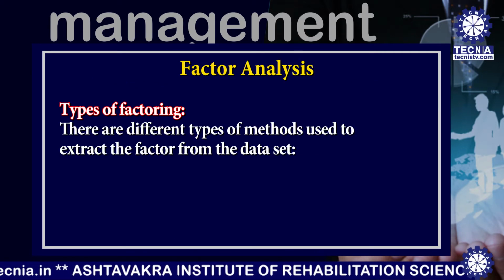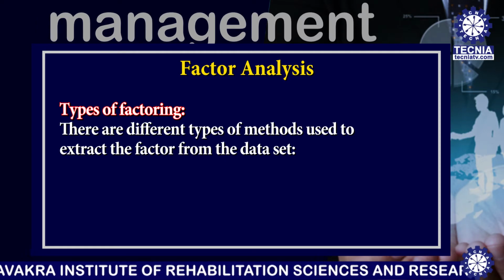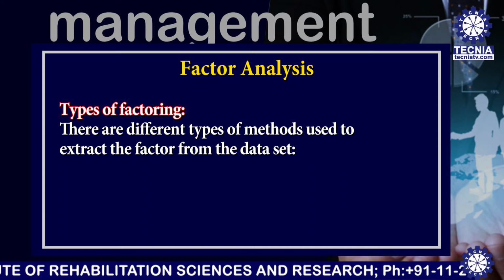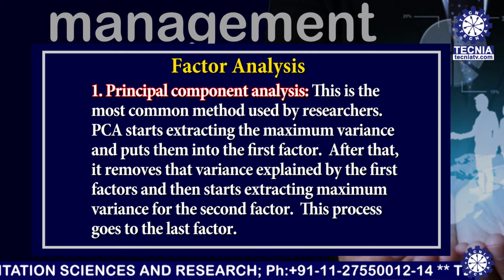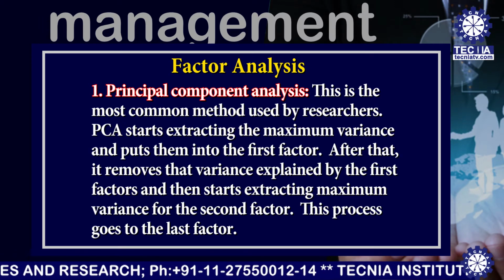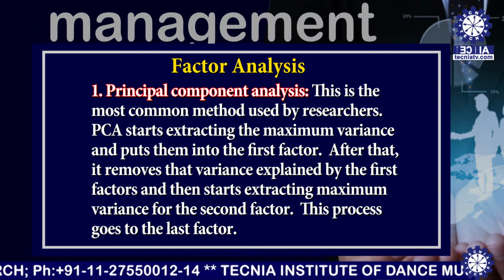Now I am explaining the types of factoring. There are different types of methods used to extract the factor from the data set. First one, principal component analysis. This is the most common method used by researchers.